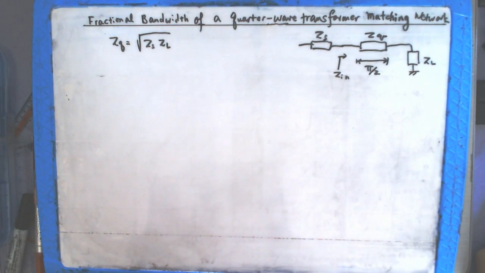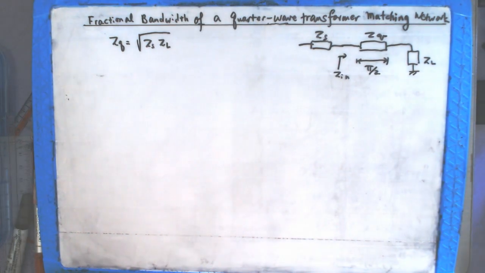It sounds very straightforward, but there's a trade-off. One of the biggest problems of this matching network is it only works for one frequency. And I will tell you the bandwidth for this kind of network is surprisingly narrow, and you will not like it.